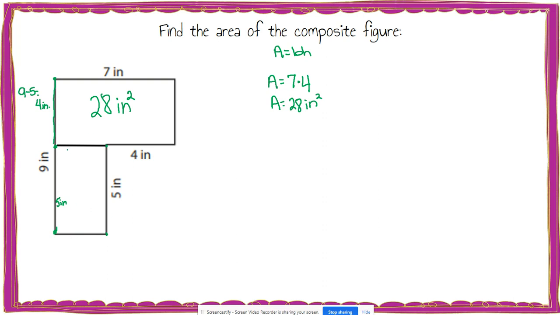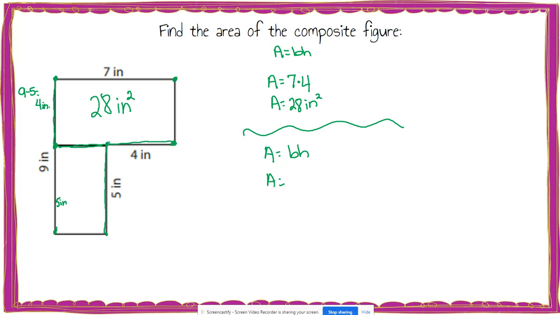Now I need to find the area of this rectangle. Well, for this one, I know that this height is 5, but I don't know the measure of the base. The base is this measurement right here or right here. Well, if I look at this, I know that my distance from here to here is 7. So the distance from here all the way to the end is also 7.